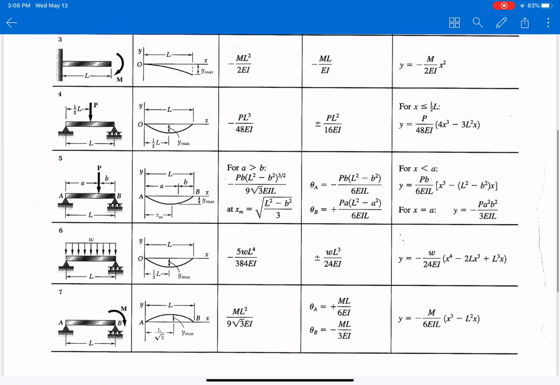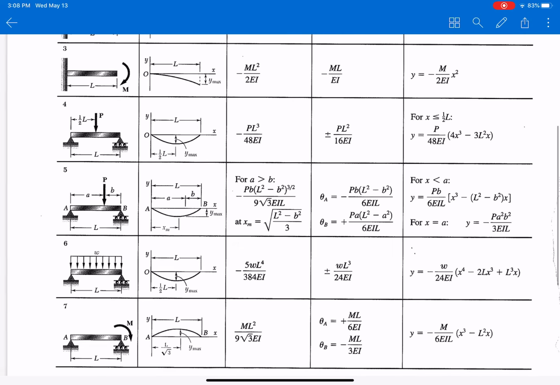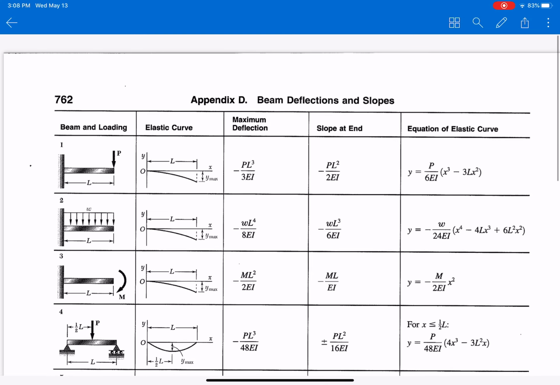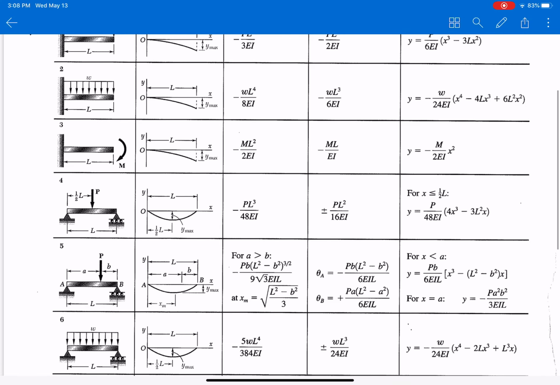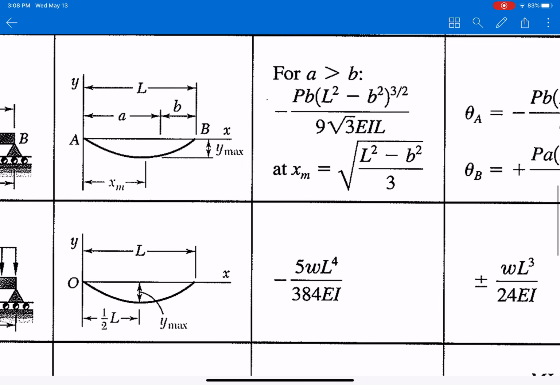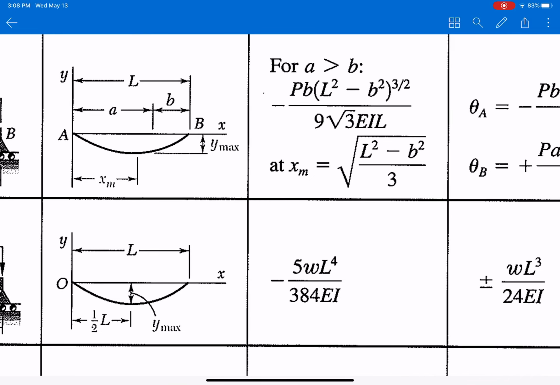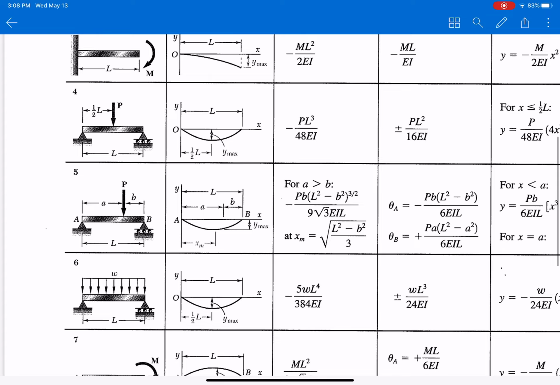For the first, the distributed load, we use this table, figure 6, and the maximum deflection will for sure be at the midspan, 1/2 L. The y max is -5 wL^4 over 384 EI. That is the first figure we have.